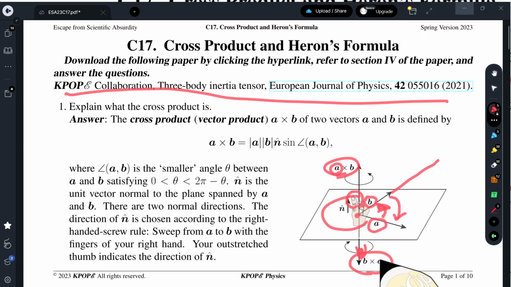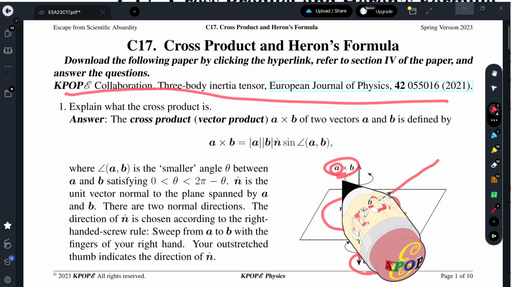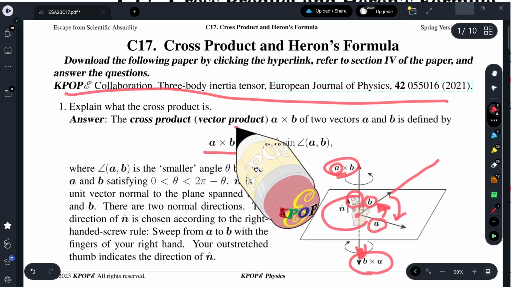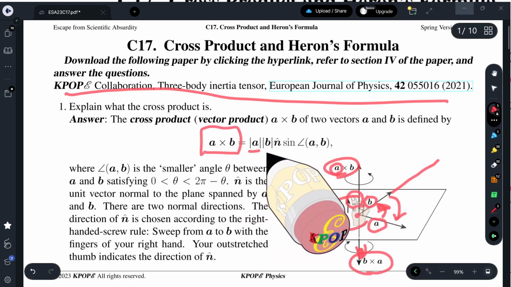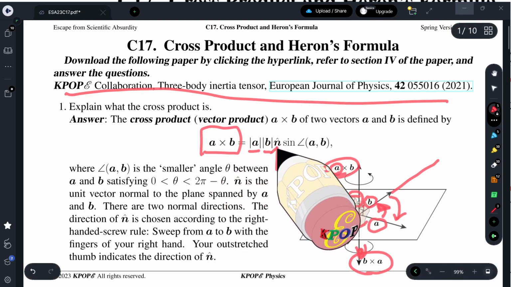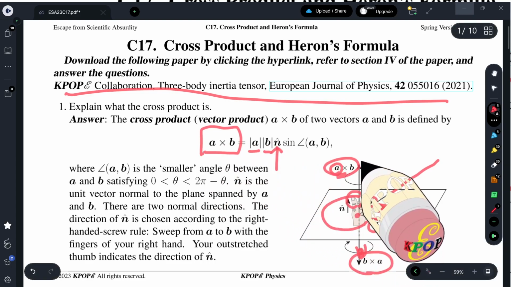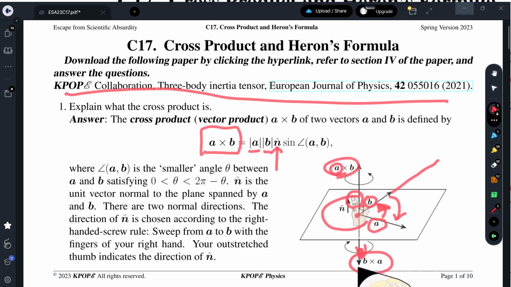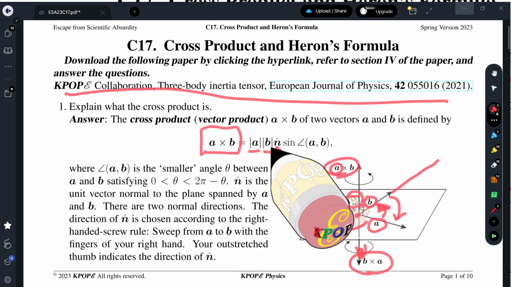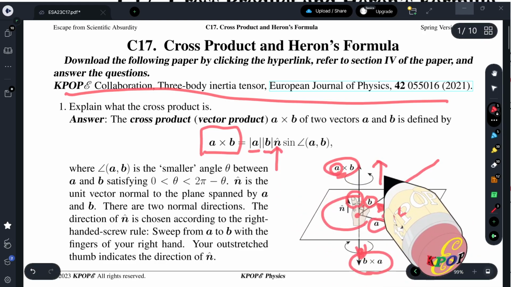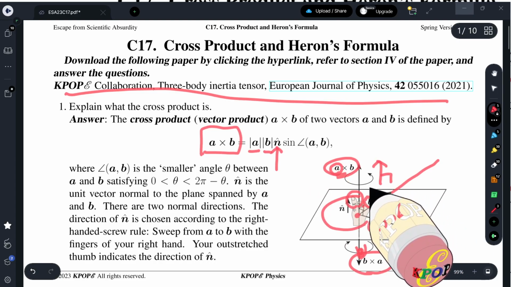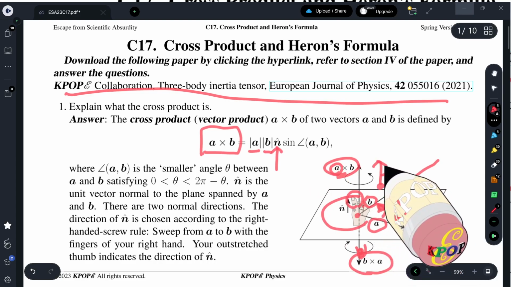In addition, the magnitude of the cross product of two vectors is defined by the product of magnitudes times sine theta times n hat, where n hat is the unit vector normal to the plane, directed as it is.